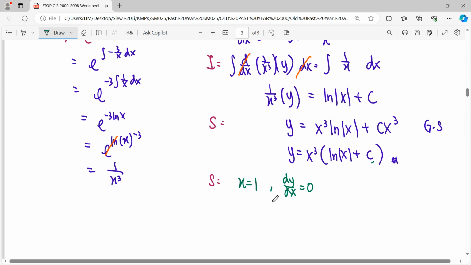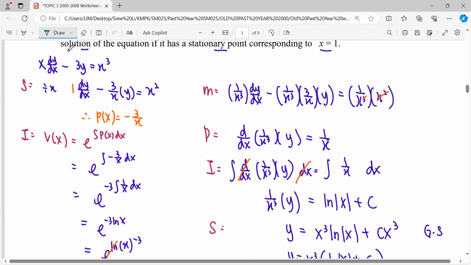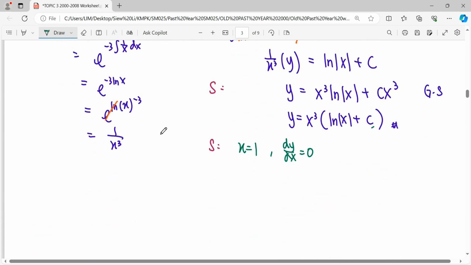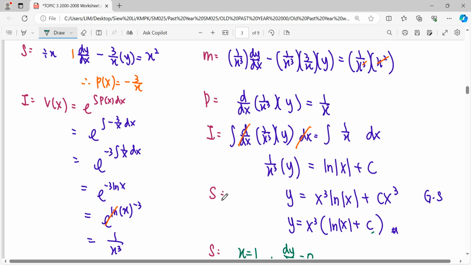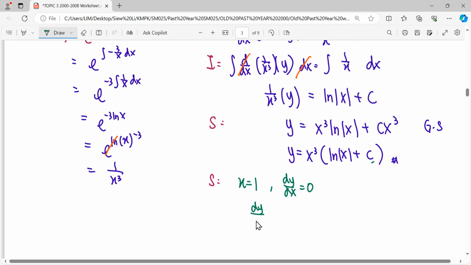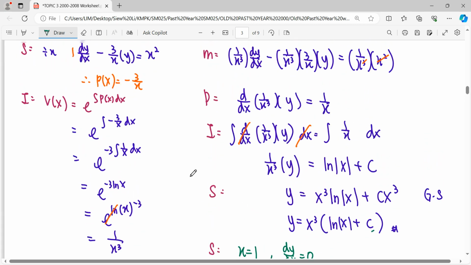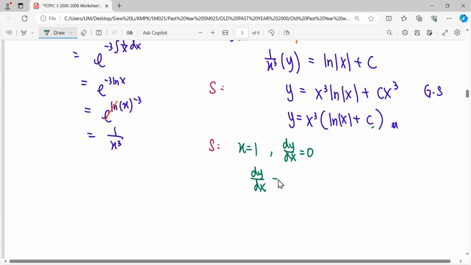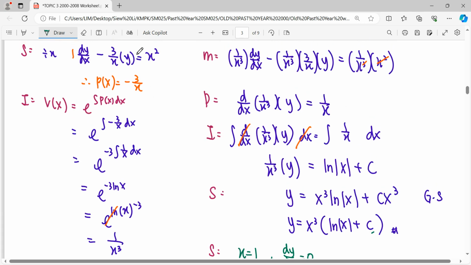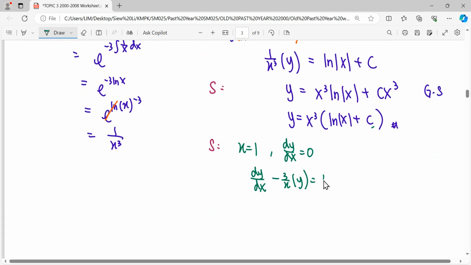Therefore, by using the differential equation that we have here, we find the values of y and x. x is given, but y is not given, so we find y first. With the differential equation x dy/dx minus 3y equals x cubed, we try to get our y coordinate.